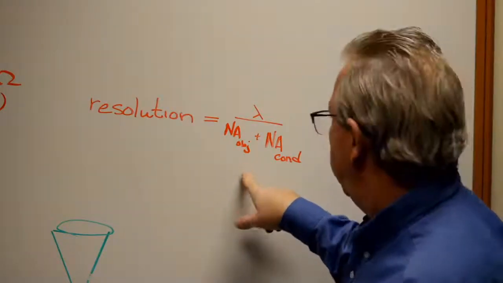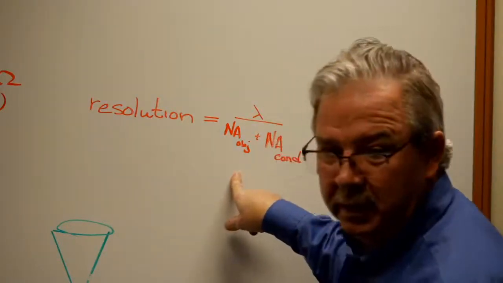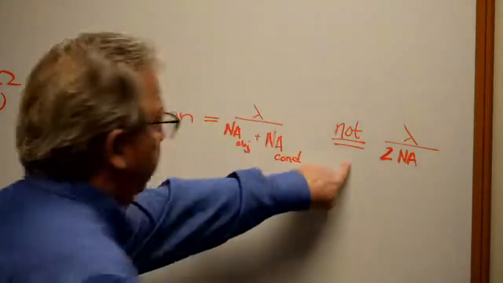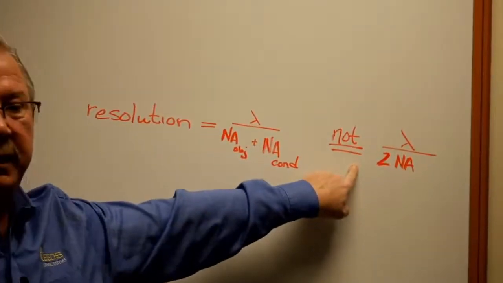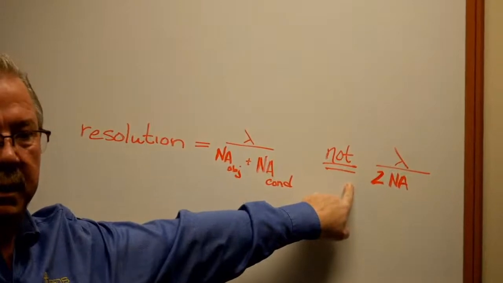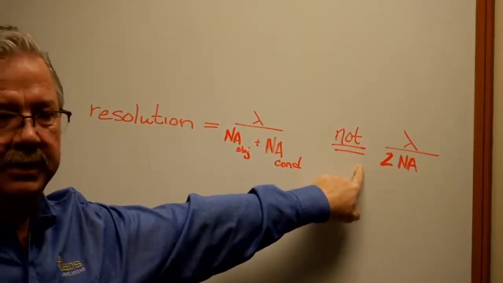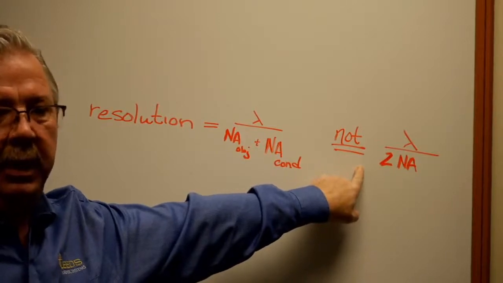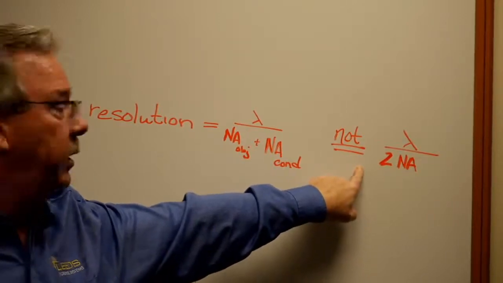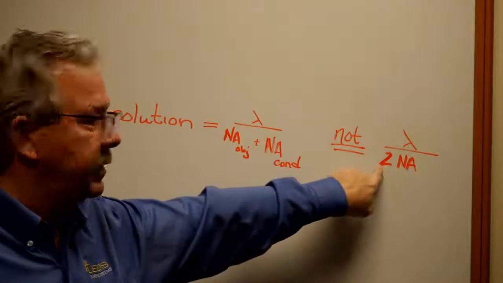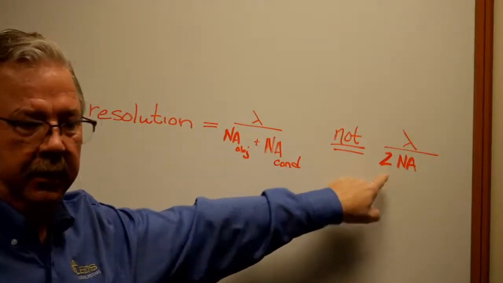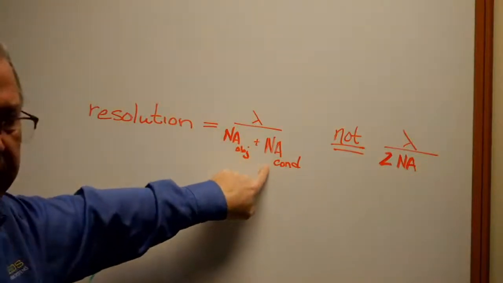But I want you all to understand that if you see this formula, I think you're smarter than that. This is oftentimes how the resolution formula is simplified for people, and it really, really bothers me because it doesn't take into effect the functionality of your condenser.